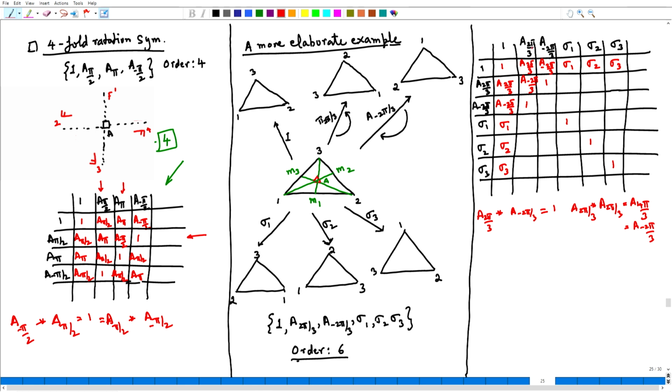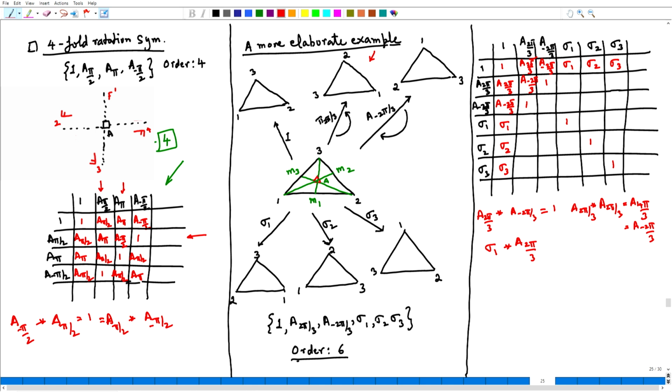Let us look at A 2 pi by 3, a 120 degree rotation counterclockwise, follow it up with reflection operation sigma 1. Let us come to the figures on the left here. So, this is my rotation after 120 degree counterclockwise.